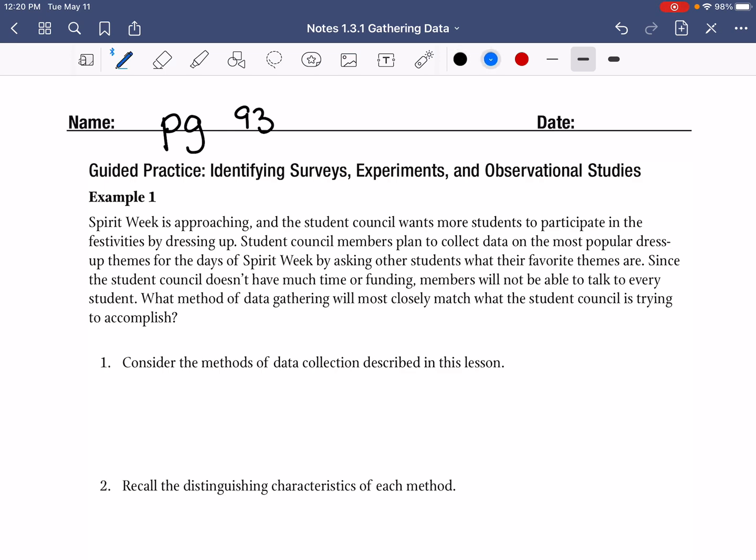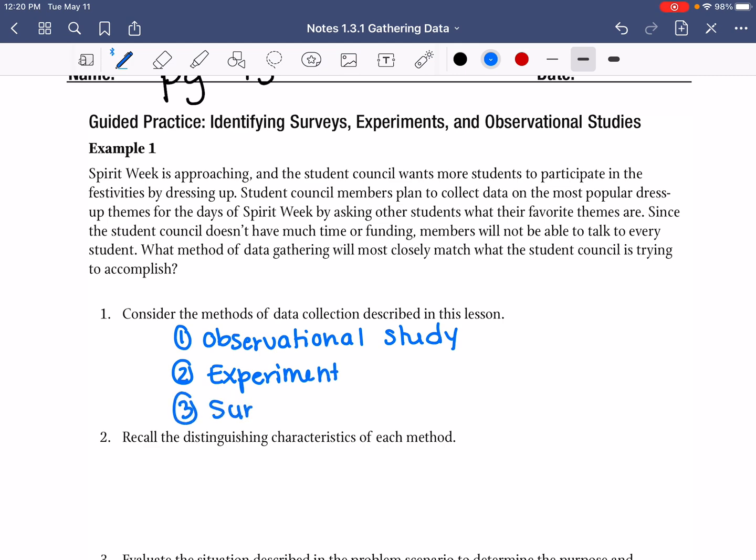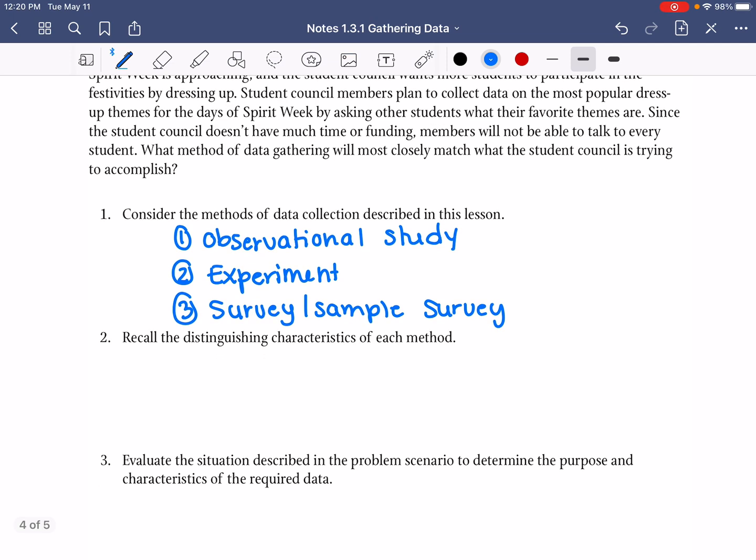All right, so step 1 says just consider all of the methods. We learned 3. There was observational study, we had experiment, and we had survey/sample survey. And then it says recall the distinguishing characteristics.